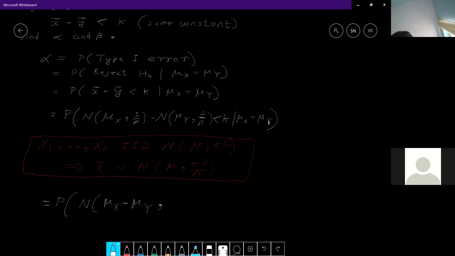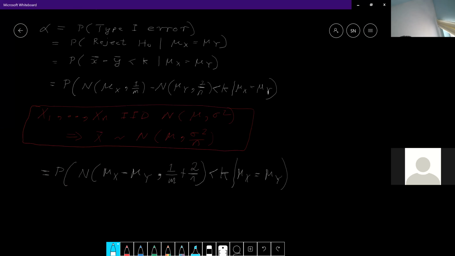That will be the mean, and the variance will be 1 over m plus 2 divided by n. So this will be the normal variable less than constant k, given that mu x is equal to mu y. You follow me?